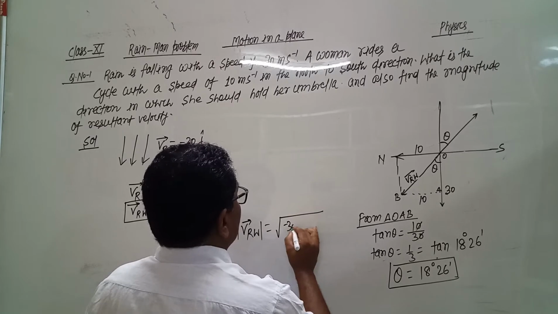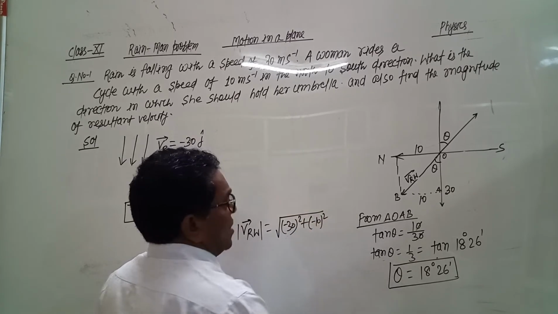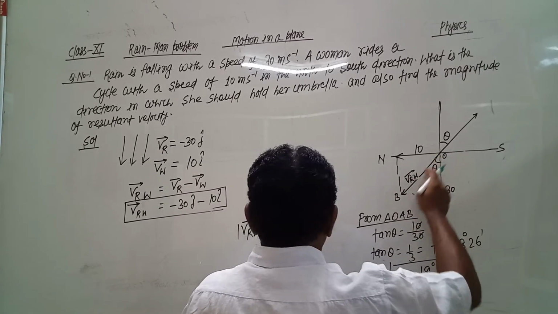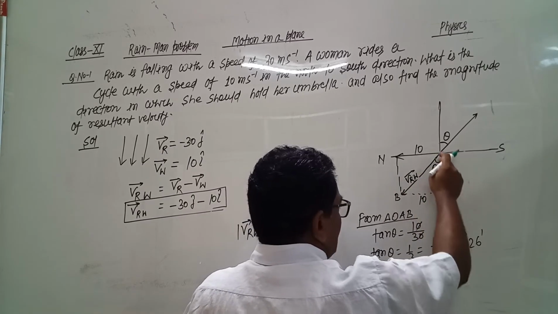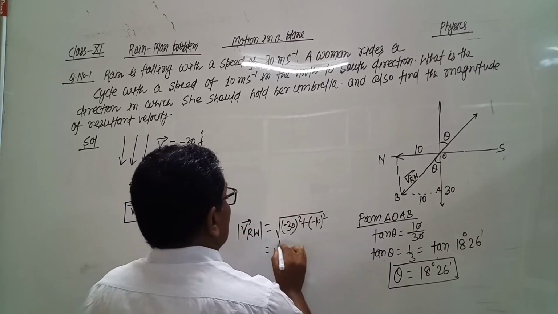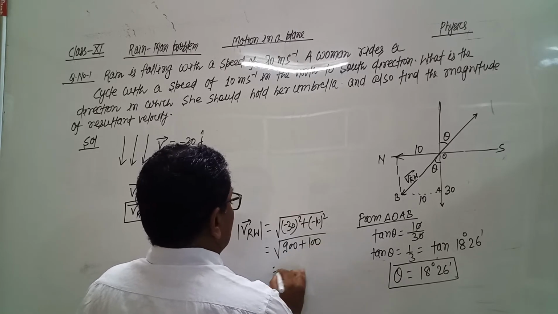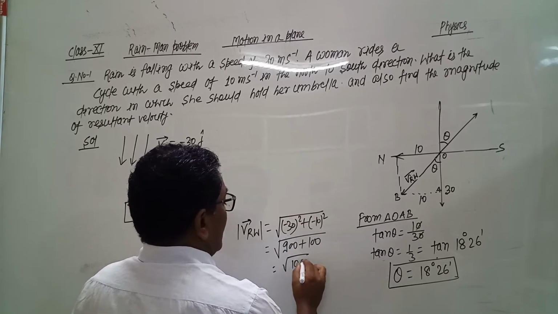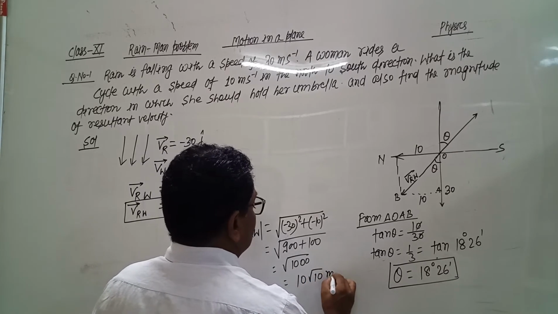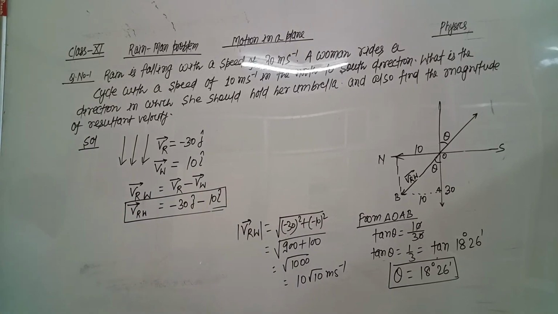So minus 30 the whole square plus minus 10 the whole square, or we can use the Pythagoras theorem. Vrw square equals base square plus perpendicular square. So we get 900 plus 100. This is 1000, and root 1000 can be written as 10 root 10 meter per second. So this is the magnitude of the resultant velocity.